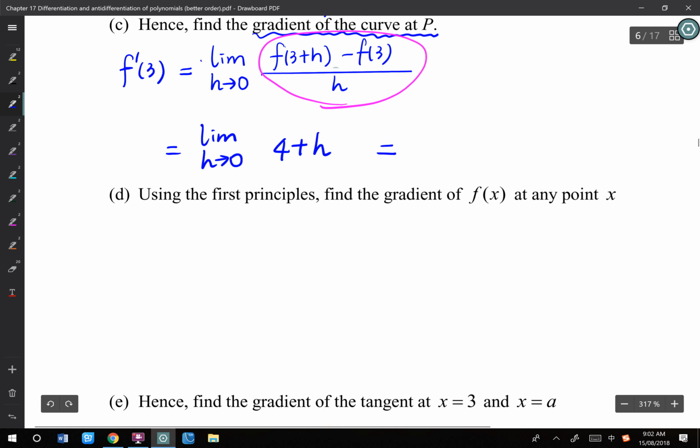What does that equal to? 4. You sub h equals 0, then we have 4. So the gradient at x equals 3 is just 4. We use the limit to work out the instantaneous rate of change, the gradient of the curve at P.